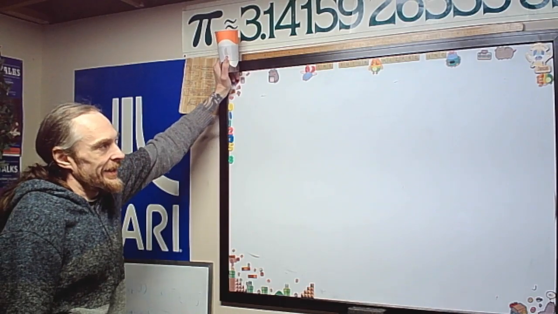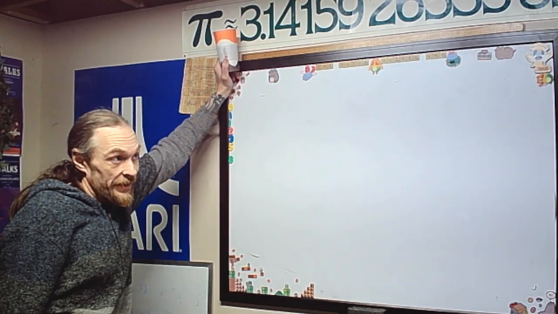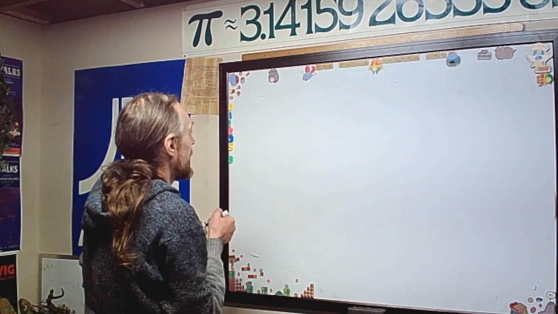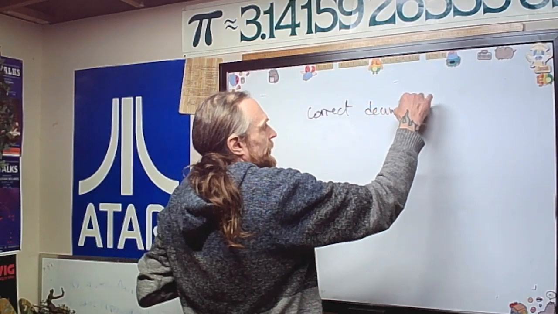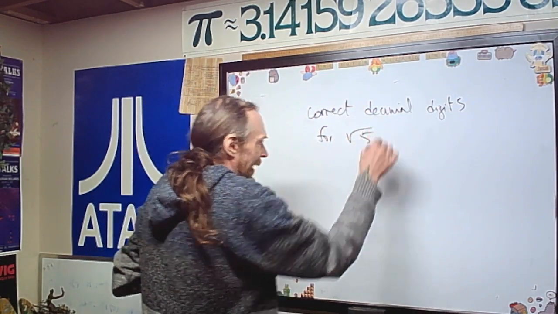Maybe I should rephrase the question so that this takes away the confusion. I'm trying to find the correct decimal digits for the square root of 5.